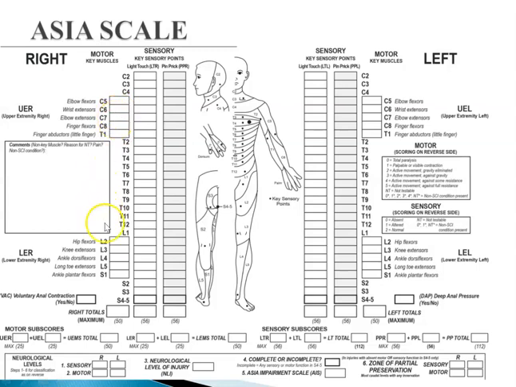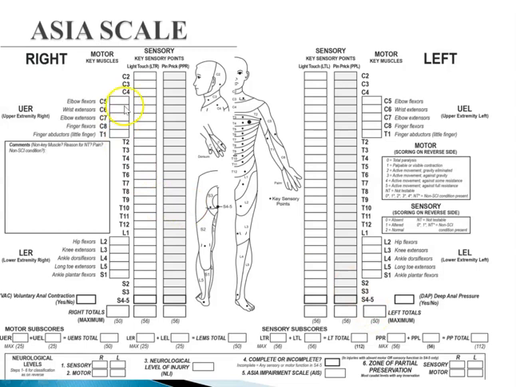Upper extremity 25, lower extremity 25, so the maximum motor score will be 50. This is for the right side. Similarly, we can calculate it for the left side.